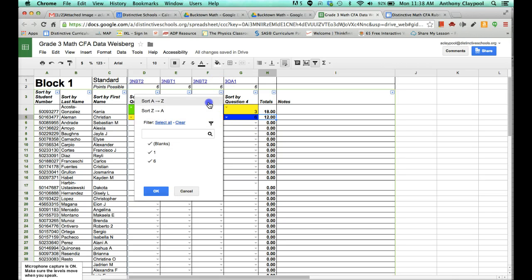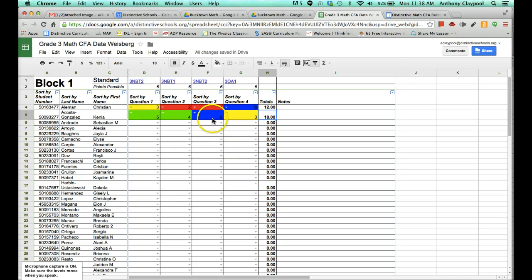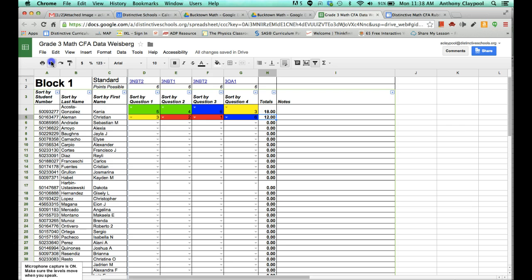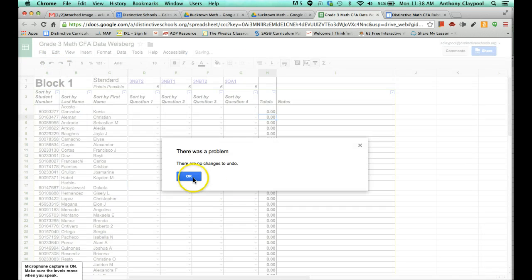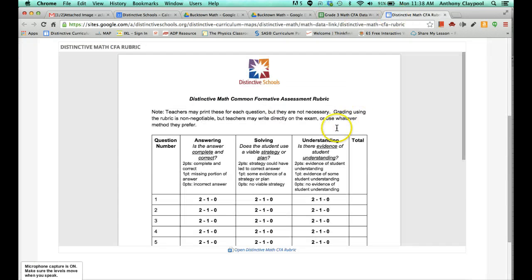That was probably a bad example because they were already in order. See, it moves the whole line, and then you could see that these two students would be in different clusters. Okay, so I'm going to go ahead and undo my changes so Ms. Weisberg doesn't have a mess in front of her, and we're going to go back to the site.